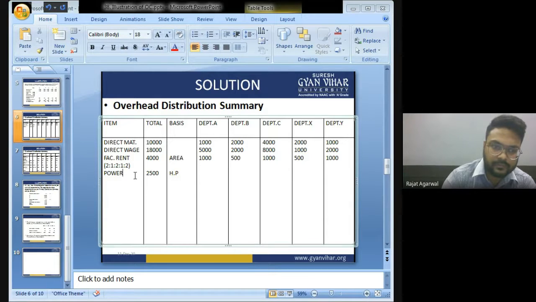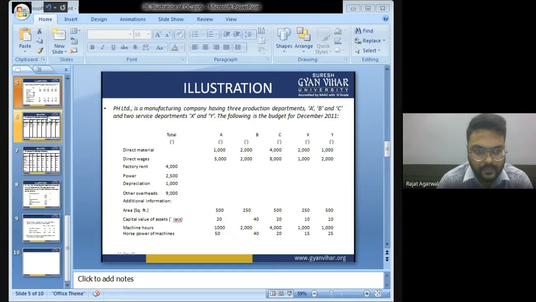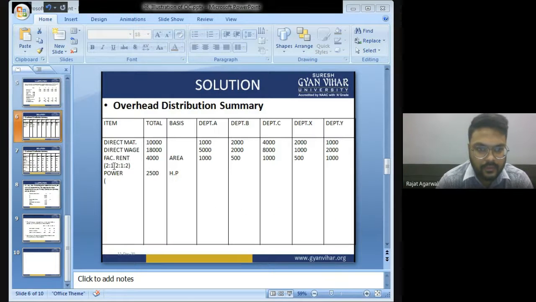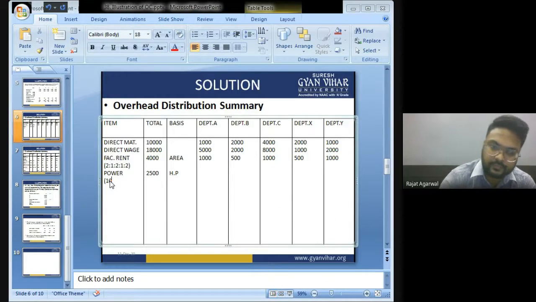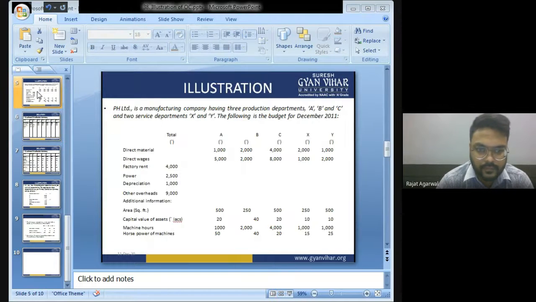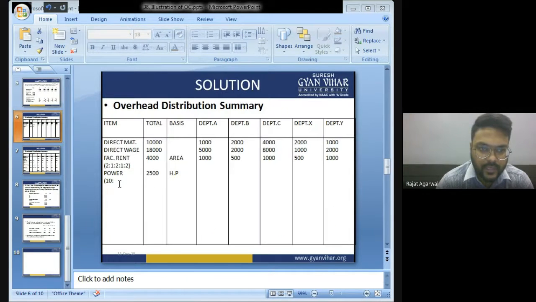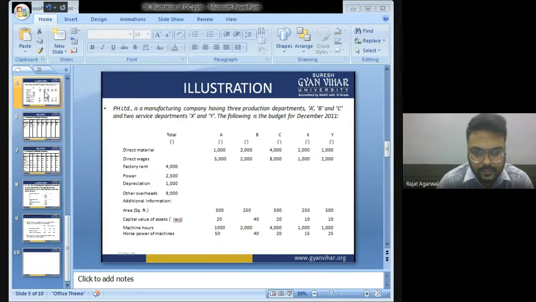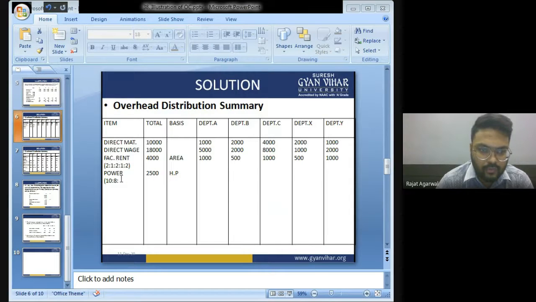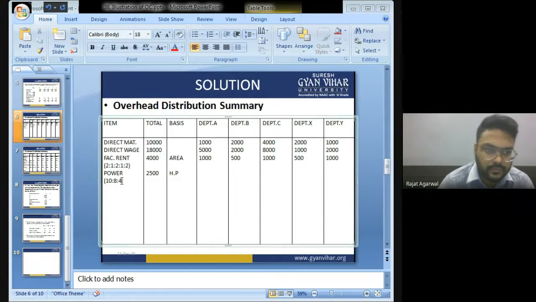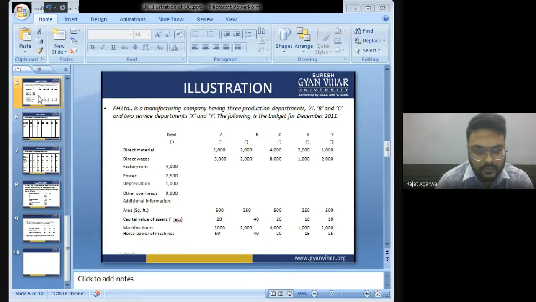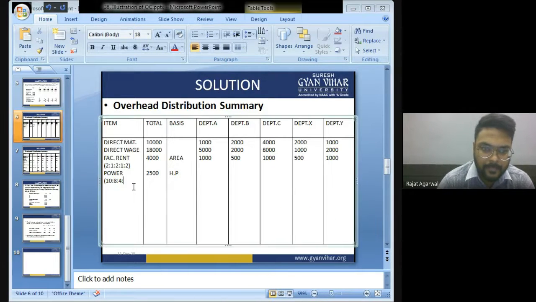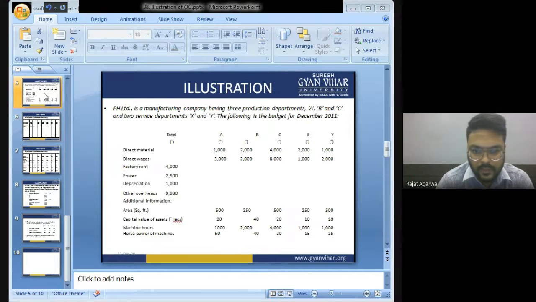Now basis is 10 is to 8 is to 4 is to 3 is to 5.